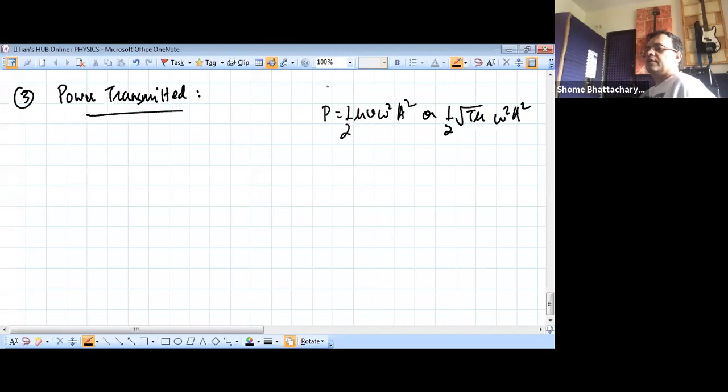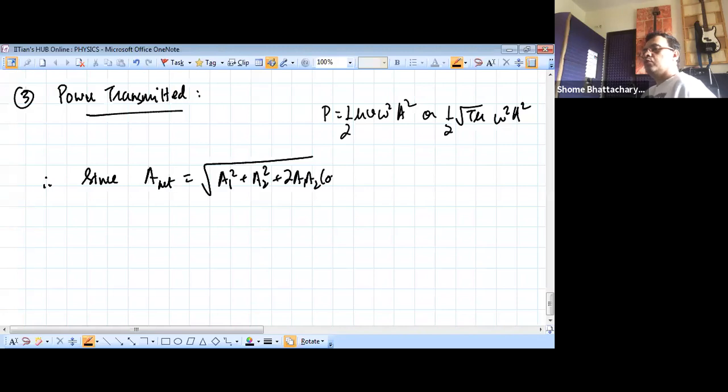Therefore, since net amplitude is equal to square root of A1 square plus A2 square plus 2 A1 A2 cos delta phi, we can say that net amplitude square is equal to A1 square plus A2 square plus 2 A1 A2 cos delta phi.